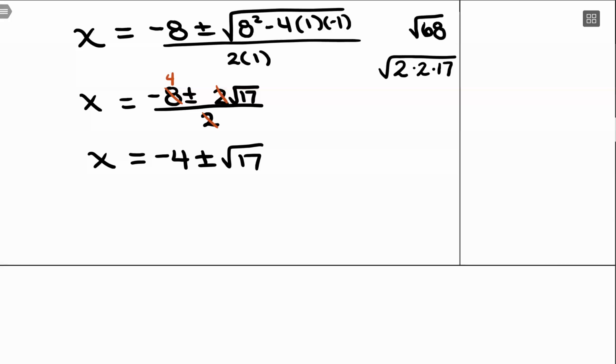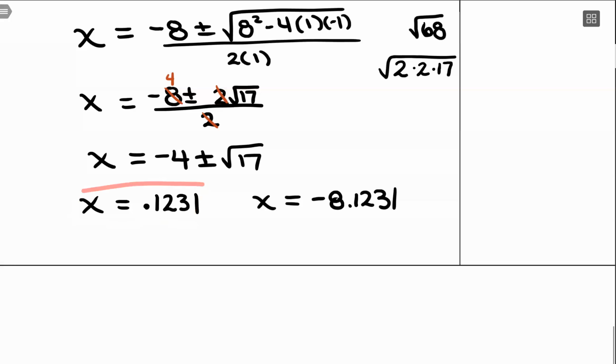And from there, we can get decimal solutions. So looking at the addition of the two numbers and the subtraction, we should have x equals 0.1231, or x equals negative 8.1231. And so I'm just moving a little fast here for the length of the video, but with that, we would check both of these.